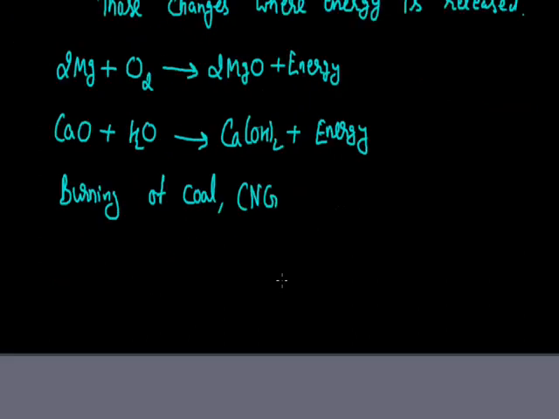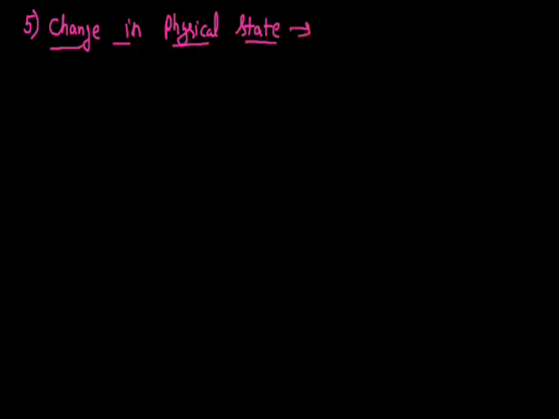And the last characteristic of chemical change is change in physical state. If there is a change in the physical state of the substance, then this again indicates that there may be a chemical change. Like if hydrogen, which is in gaseous state, reacts with oxygen, again in gaseous state, liquid water molecules are formed.